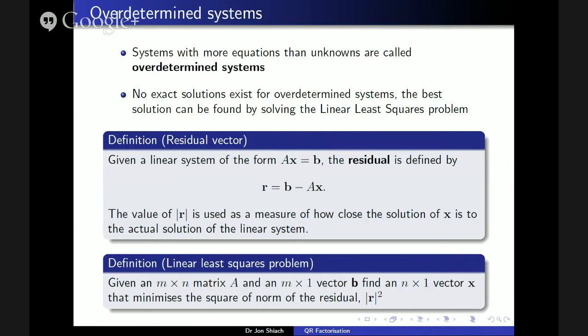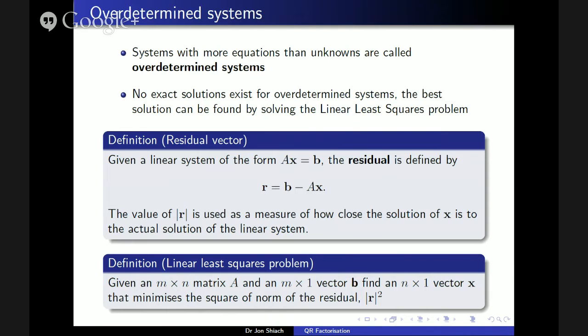But okay, residual vector. Just to remind you, we looked at this last week. The residual is simply your right-hand side vector b. So if you've got a system which is A times x equals b, your residual vector is your right-hand side b minus your coefficient matrix A times x. x is a solution.